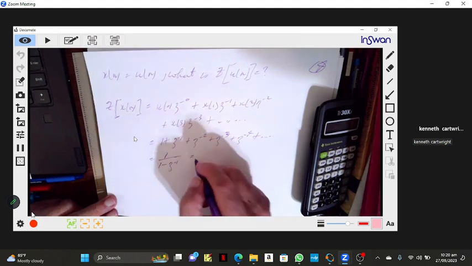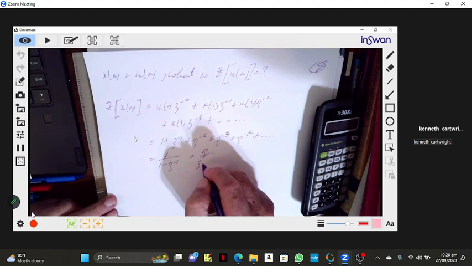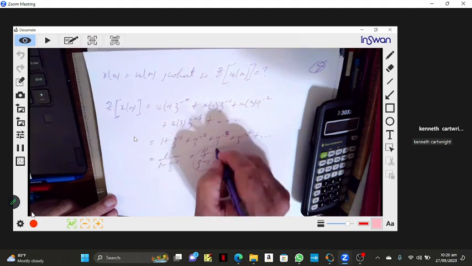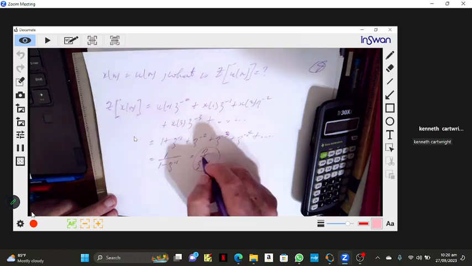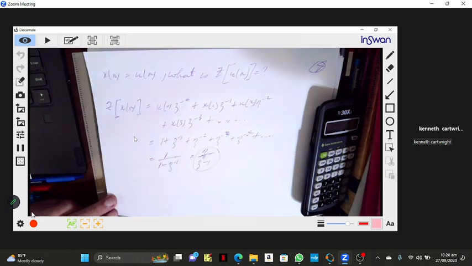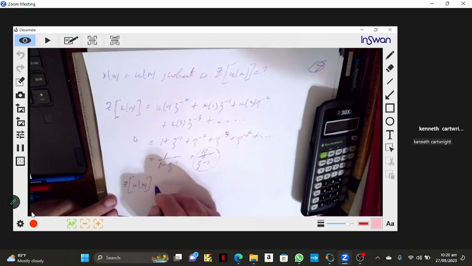Or we can rewrite that as multiplied through by z. This is the z transform of the unit step function. So z of u of n equals z over z minus 1.